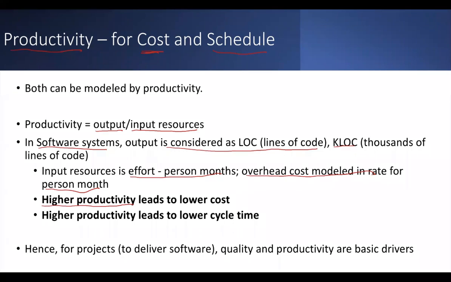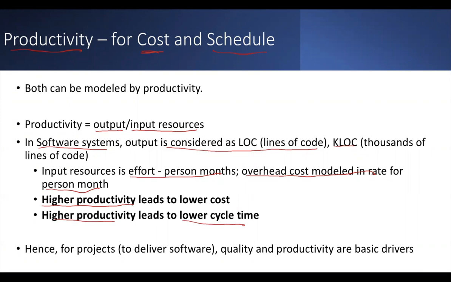If we have high productivity, that means we have software of lower cycle time. So always when you develop software, you are seeking higher productivity in order to reduce the cost as well as the entire cycle time.